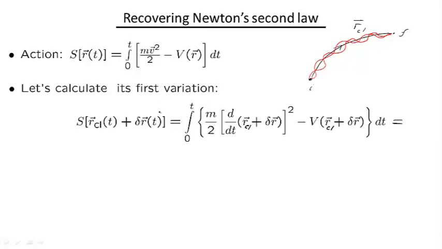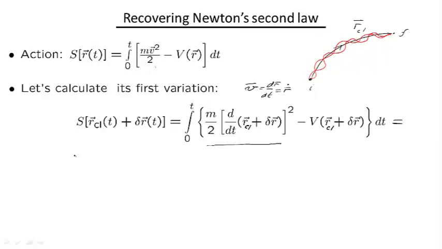If we now plug this expression into the expression for the action, we're going to have the kinetic energy term. The velocity is just dr over dt, or for brevity we can write it as r dot. We're going to have two terms as an argument of the potential energy. Since dr is very small, we're going to keep track only of the linear terms.